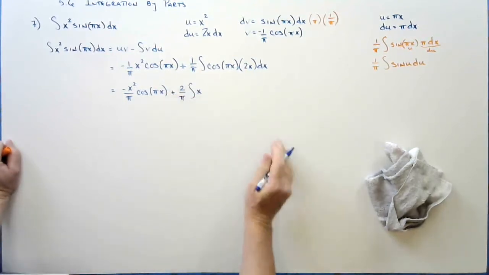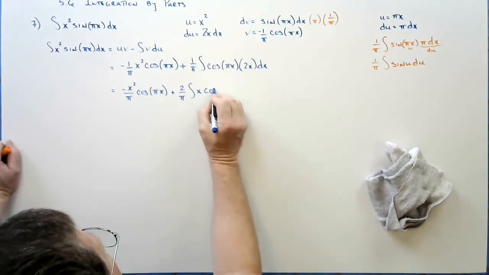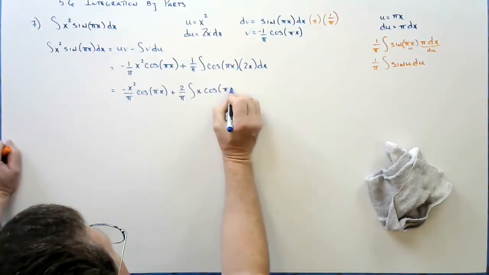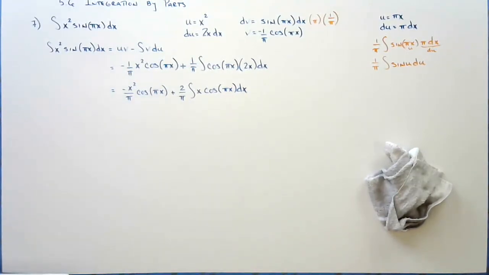We normally want to put our x terms in front of our trig functions, and then we have cosine pi x dx. So we have another integral to solve, but this integral is in the form of being solved using integration by parts. So we're going to do a second integration by parts problem inside our current integration by parts problem.